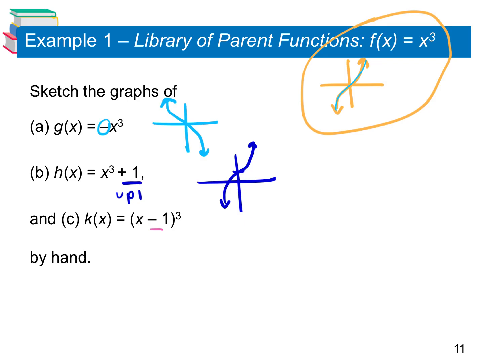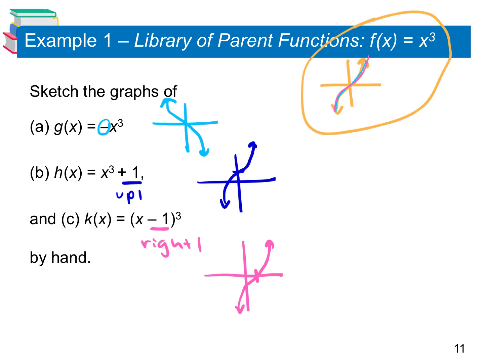And then lastly, subtracting 1 on the inside moves it which way? Right 1. So instead of going through 0, 0, it's positive, so it keeps the same shape, but we're just going to shift everything to the right one. So our graph would look like that.